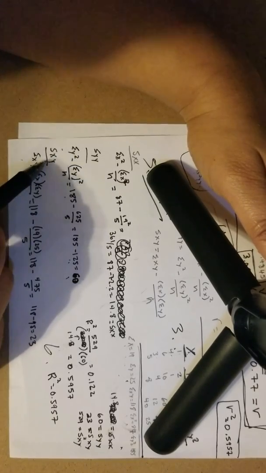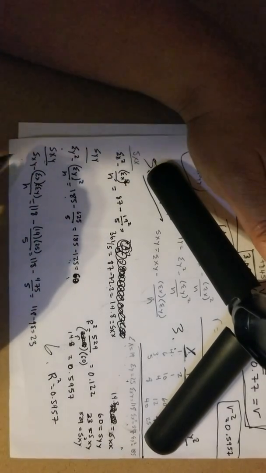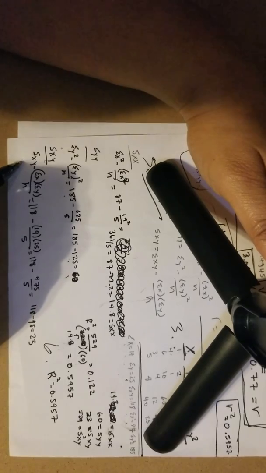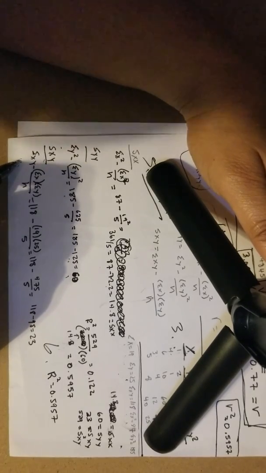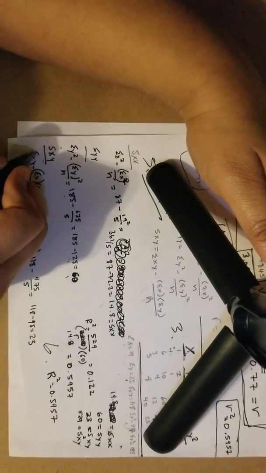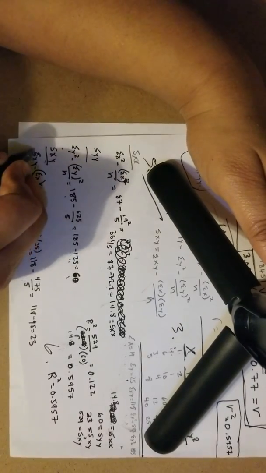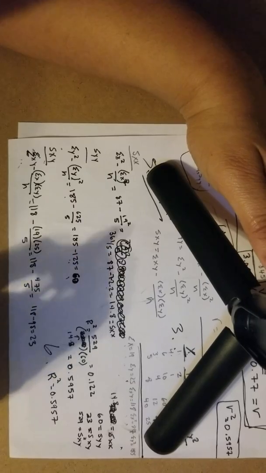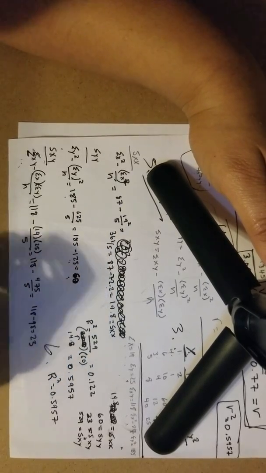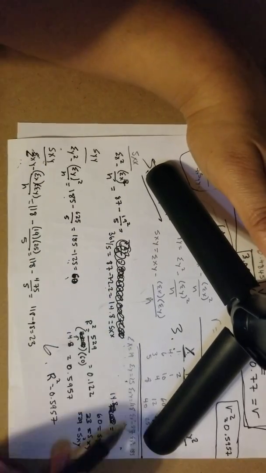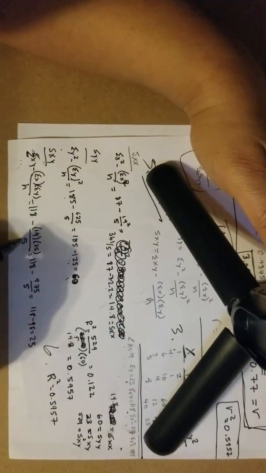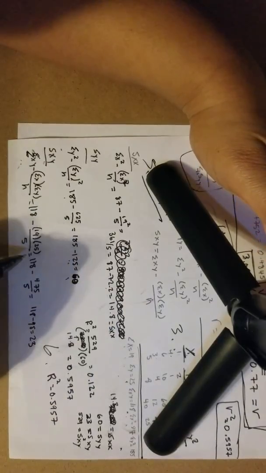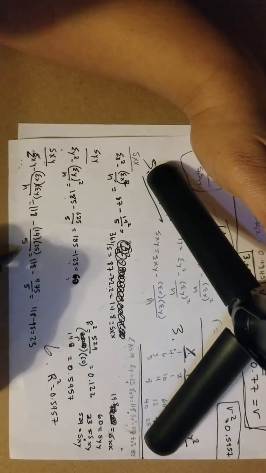So now you have to find SXY, which is just the sum of XY, sorry. The sum of XY is equal to 118, and we subtract 19 times 25 over 5.